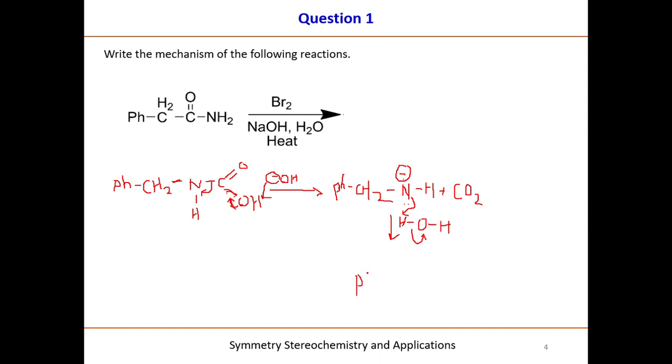PhCH2NH2. Correct? This is amine formation. So this will be the byproduct.